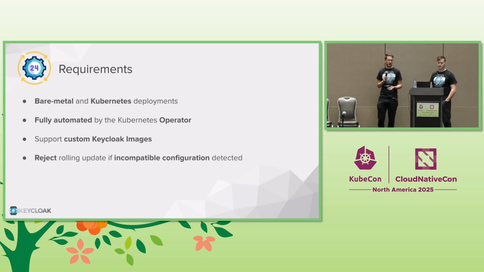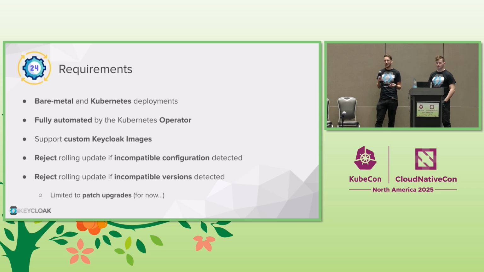But the most important things are, if we're aware of an incompatible configuration change, we should be able to reject rolling updates. And similarly, if we know there's an incompatible Keycloak version, we shouldn't allow a rolling update there either. Now, the problem of Keycloak versions is really the hard one.